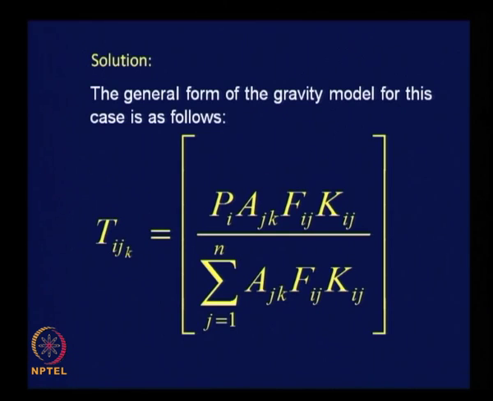So we can write Tijk equal to Pi Ajk Fij Kij, whole divided by sigma j equal to 1 to n of Ajk Fij Kij. And what is the value of Kij in this case? Kij has been given as 1. The value of zone to zone adjustment factor is 1 and the value of n is 3.